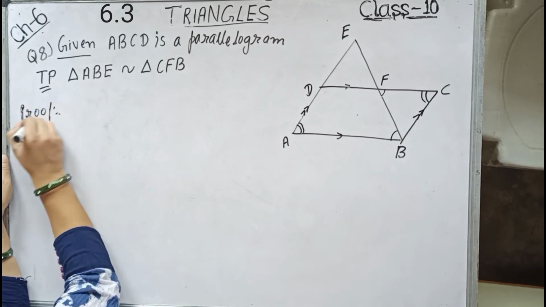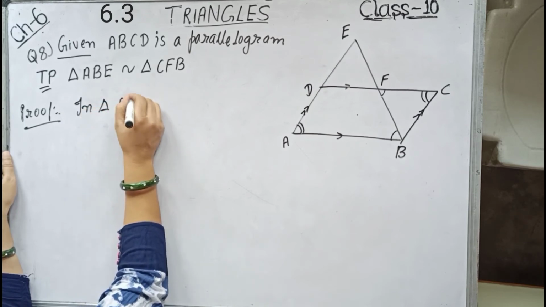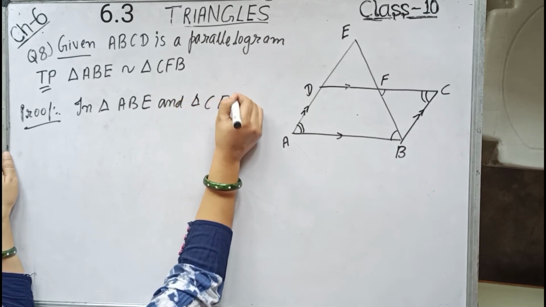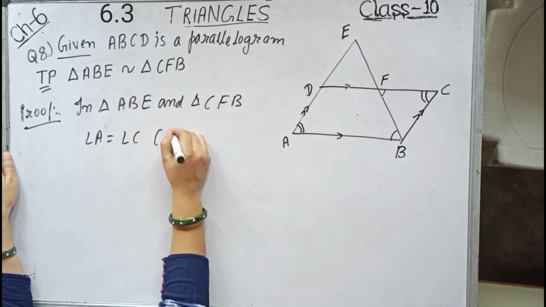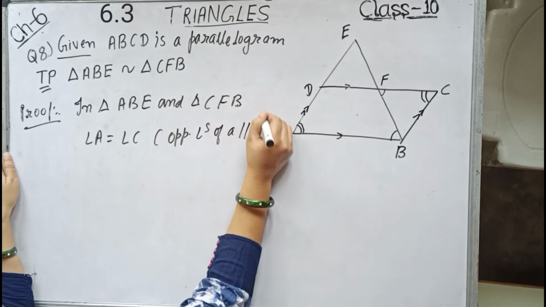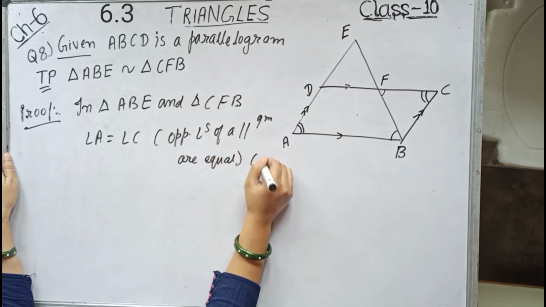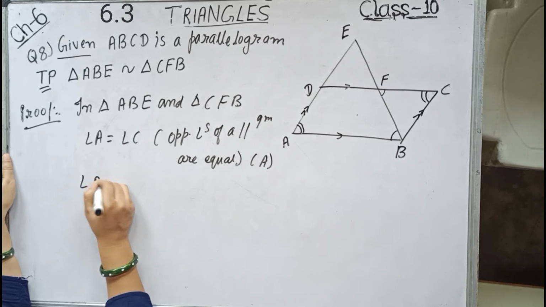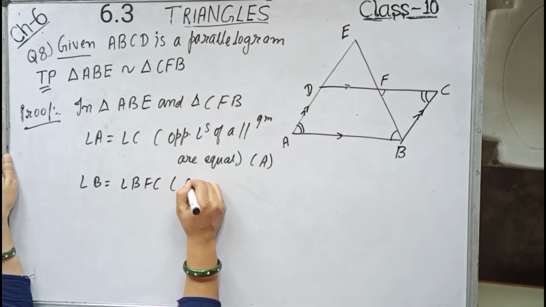Proof. In triangle ABE and triangle CFB, angle A equals angle C, opposite angles of a parallelogram are equal, and angle B equals angle BFC, alternate angles.